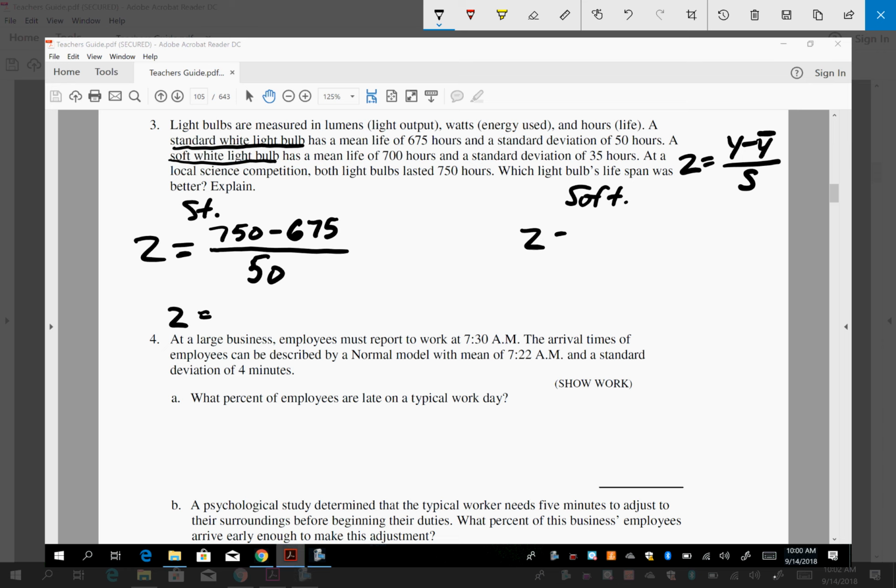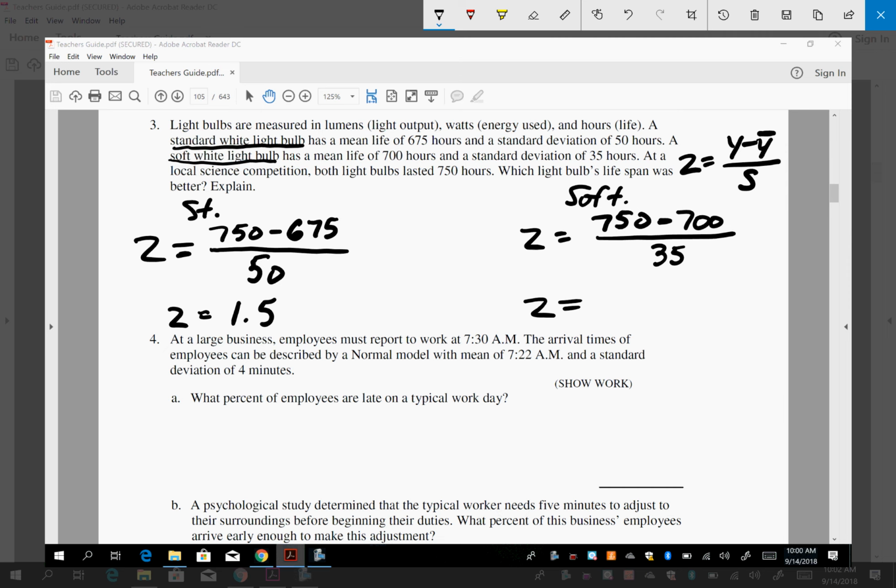For the soft white, again, also lasted 750, but there's a different mean. What is the average lifespan for that bulb? 700 with the standard deviation of 35. So this will allow us to compare the two, even though they're from different bulbs. So what's that? 75 over 50.